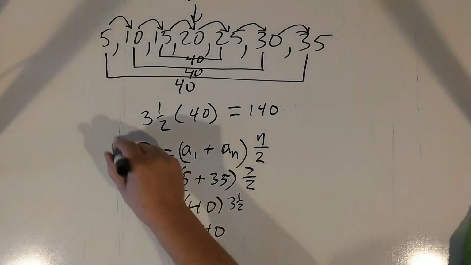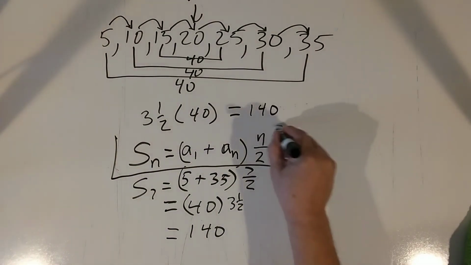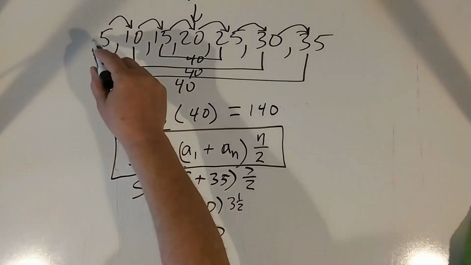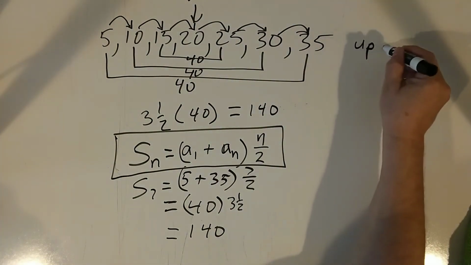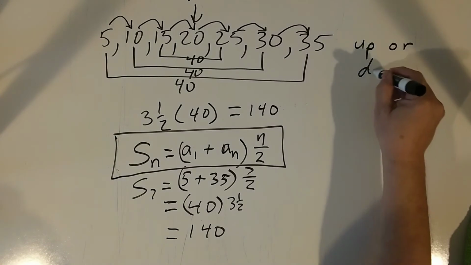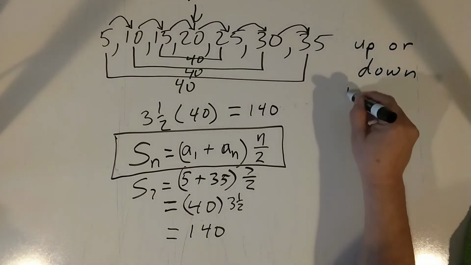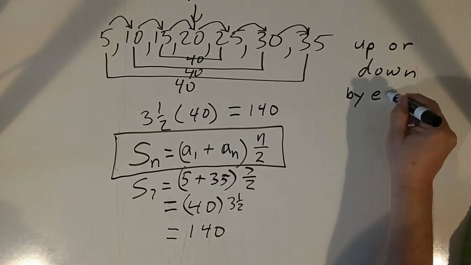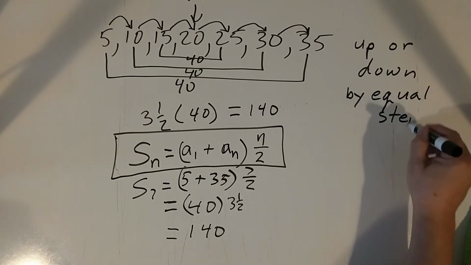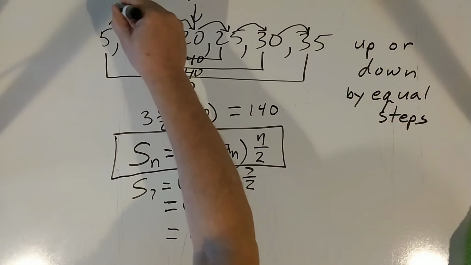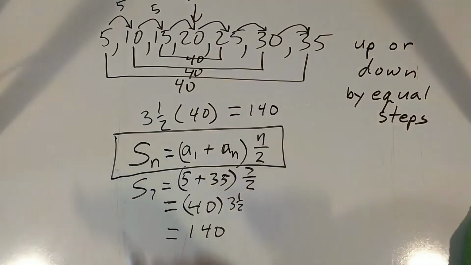So here's a formula that you can use if my sequence is going up or down by equal steps. Notice in this case, the equal steps were 5.